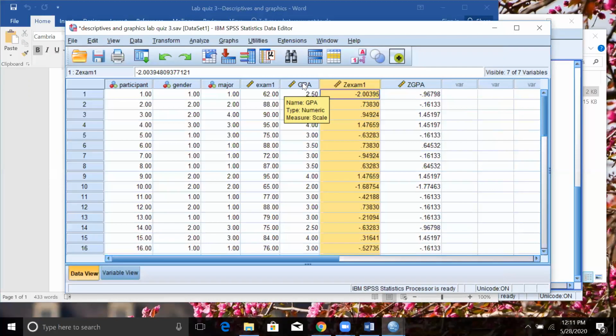GPA ranges from 0 to 4. If you want to be able to compare between those two variables very easily, you can standardize them, which z-scores accomplishes. Z-scores are basically always, not basically, they are always on a scale of -4 to +4. So it puts these two very different numerical scales onto a shared similar standardized scale.